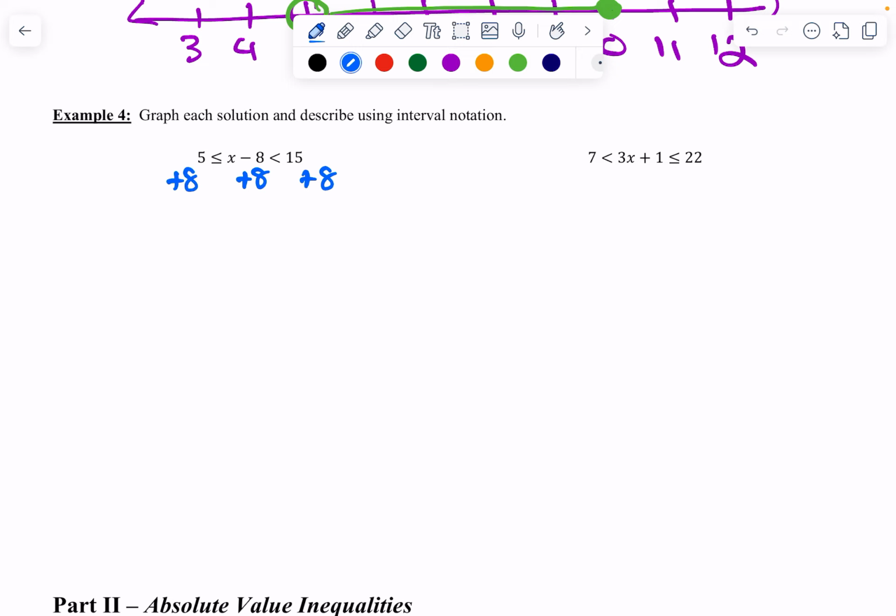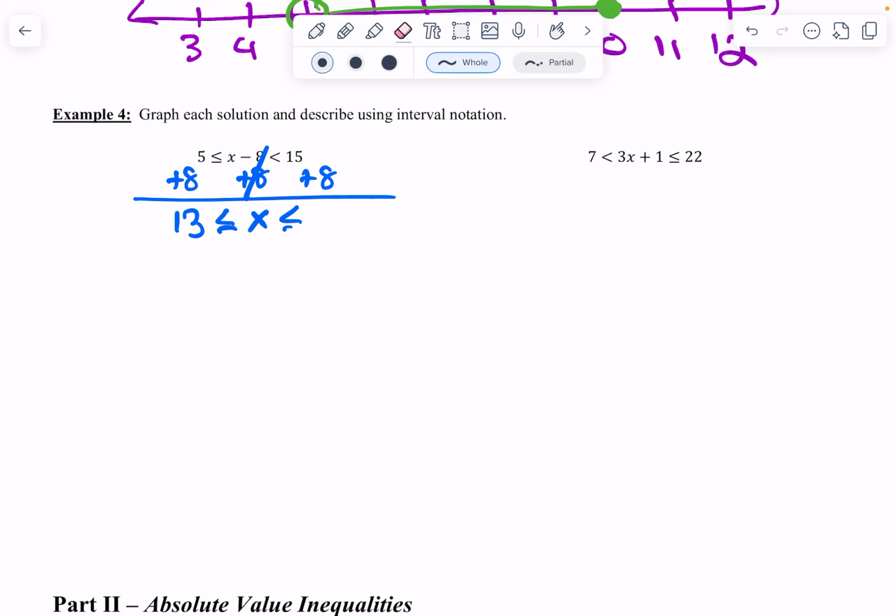So in all those places, that cancels out. 5 plus 8 is 13, is less than or equal to x, is less than, no equal sign, 15 plus 8 is 23. So our x is between 13 and 23.